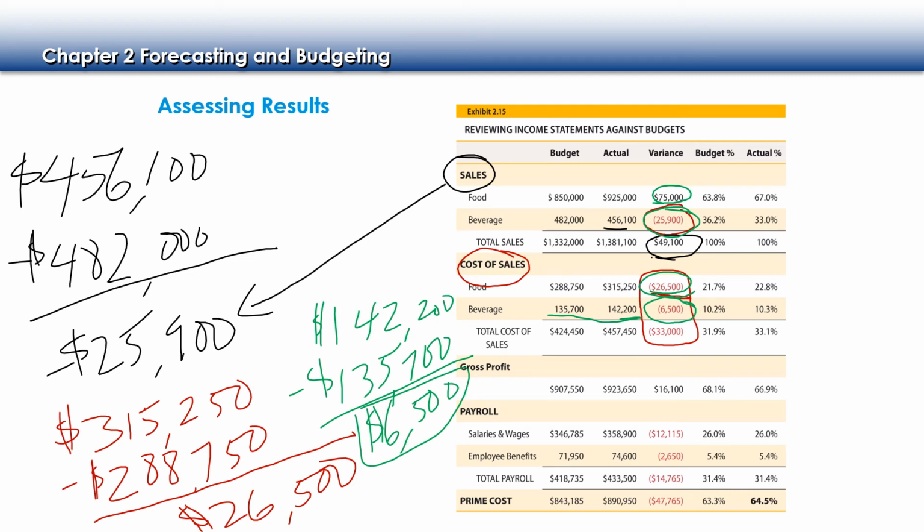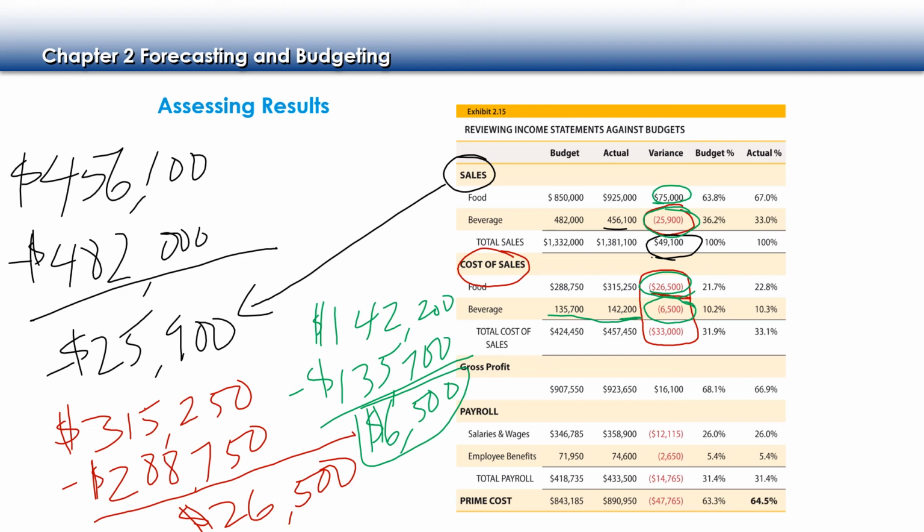However, if we spend more money on our expenses, but our sales are not reflective of that, then that is a bad situation, okay?